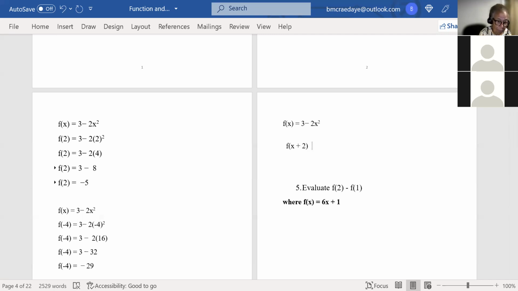You said to square the X. You're going to square the X, but the X is not X, it's X plus 2. So you'll have 3 minus 2, and instead of X, you're going to have X plus 2. And of course, that's squared. Let's put this here.